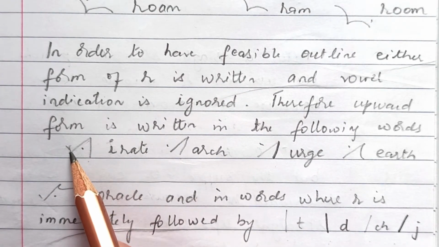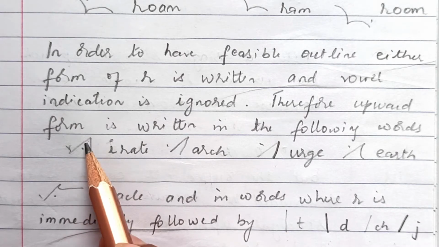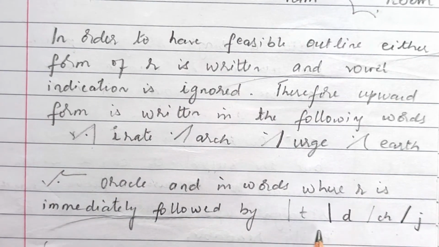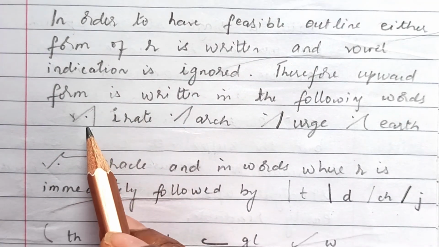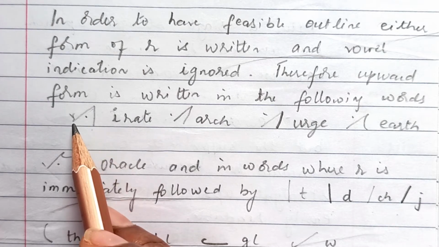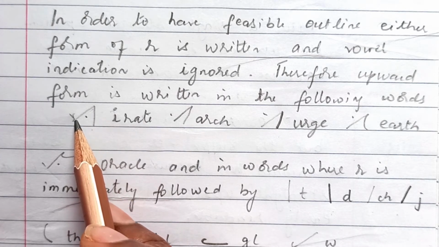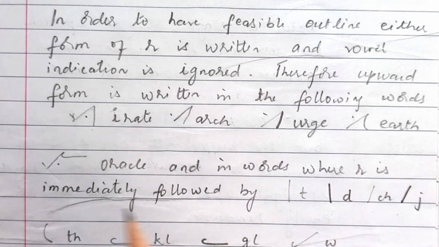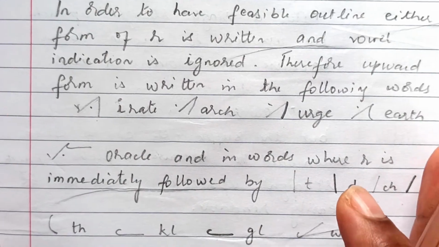Though the vowel comes before the stroke, the upward form is written for these strokes. So, I rate. Here the vowel comes in and also a vowel comes before R. So we are writing upward R to have an easier joining. I rate, arch, urge, earth, oracle. So in this way we can make use of the upward R.